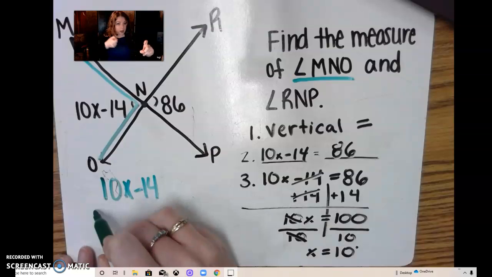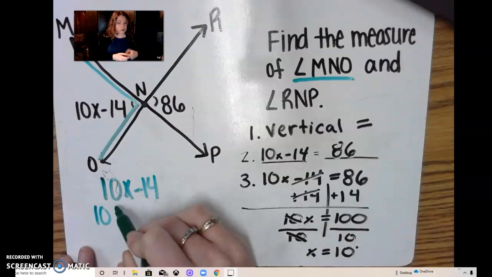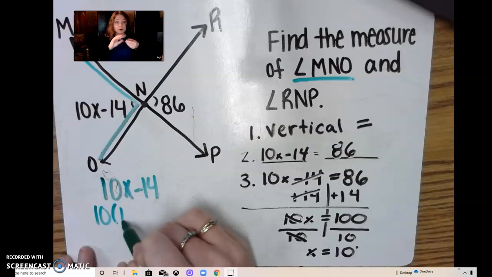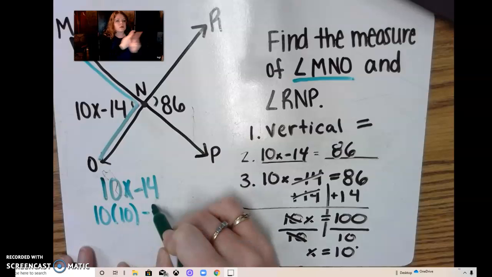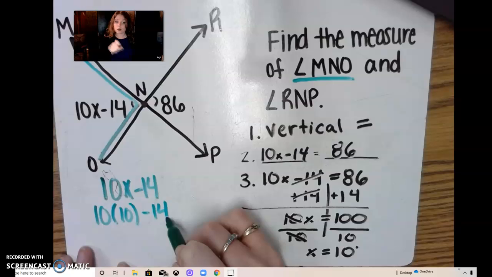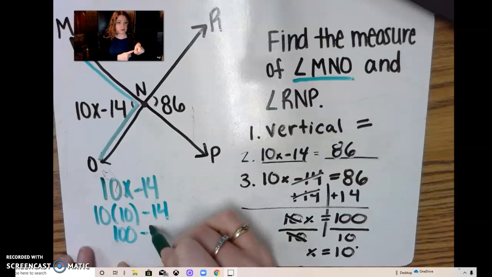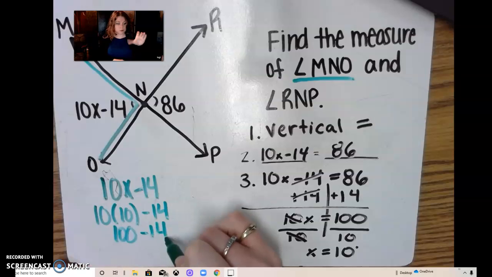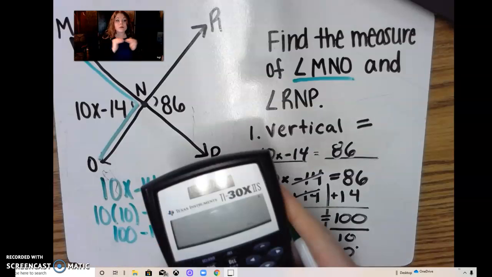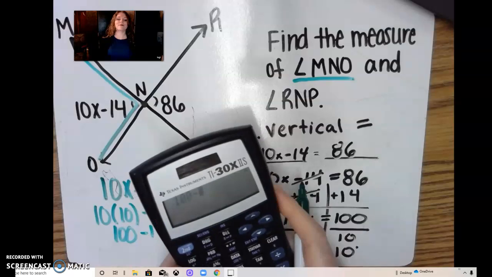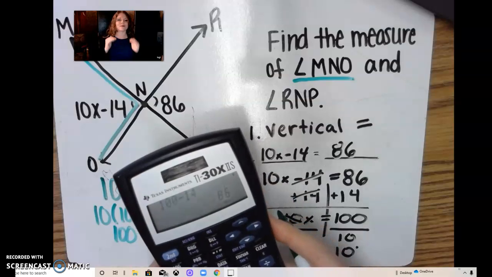Remember that when a variable and a number are next to each other, that represents multiplication. And then you subtract your 14. 10 times 10 is 100. And then subtract the 14. And 100 minus the 14 will give me 86 degrees.